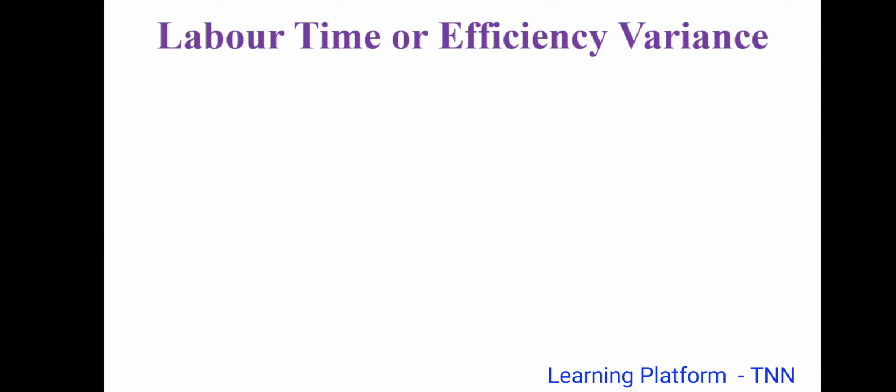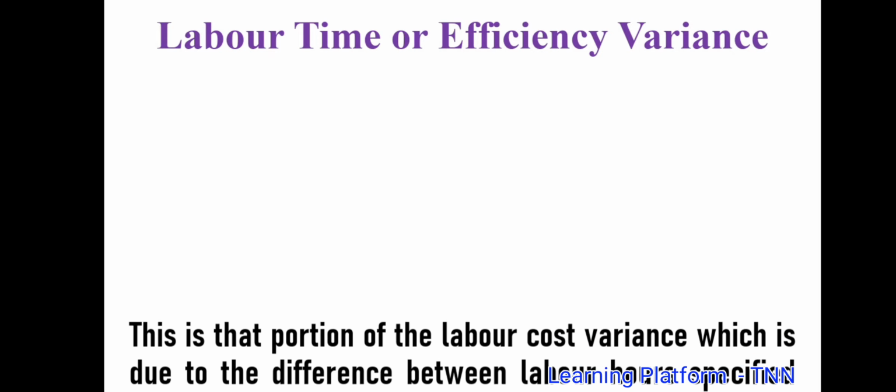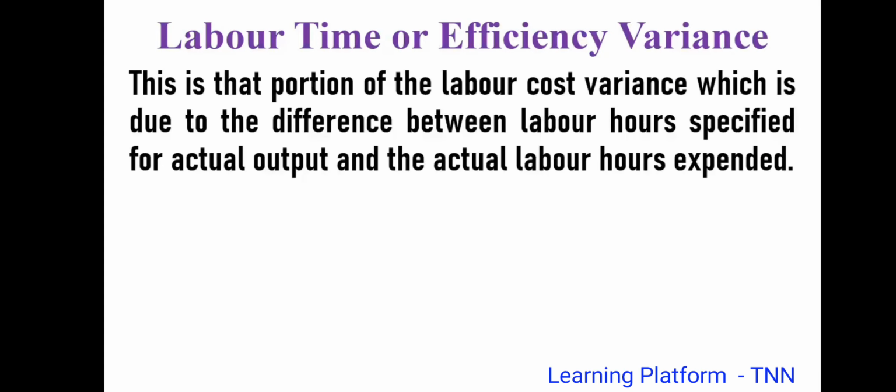Then another component, that is labor time or efficiency variance. This is that portion of labor cost variance which is due to the difference between the labor hours specified for actual output and the actual labor hours expended.